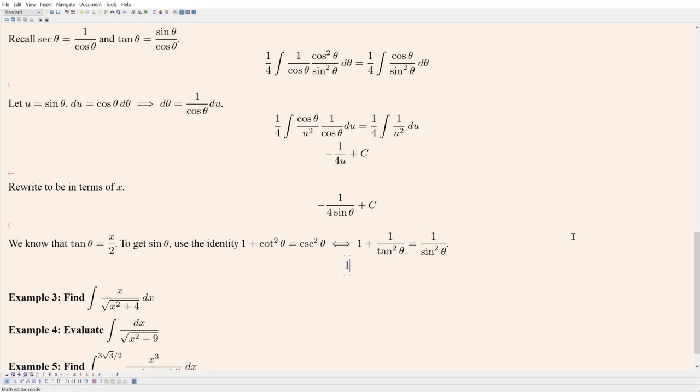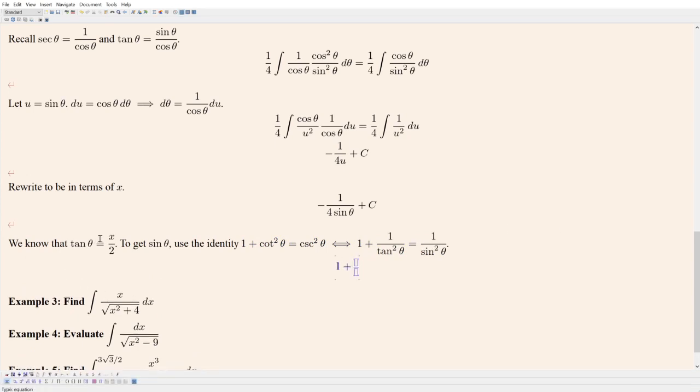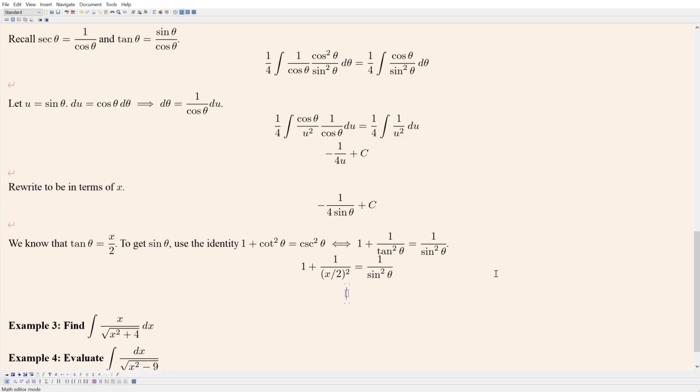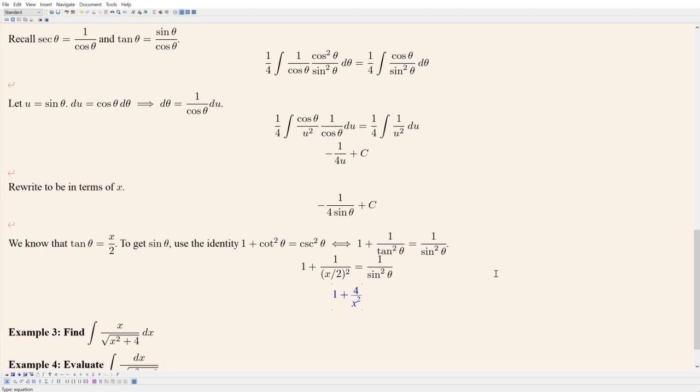So tangent is x over 2. So 1 plus 1 over x over 2 squared is equal to 1 over sine squared. Now we just need to solve this for sine. So x over 2 squared is x squared over 4, then take the reciprocal. Let me go ahead and push this together into a single fraction while we're at it.